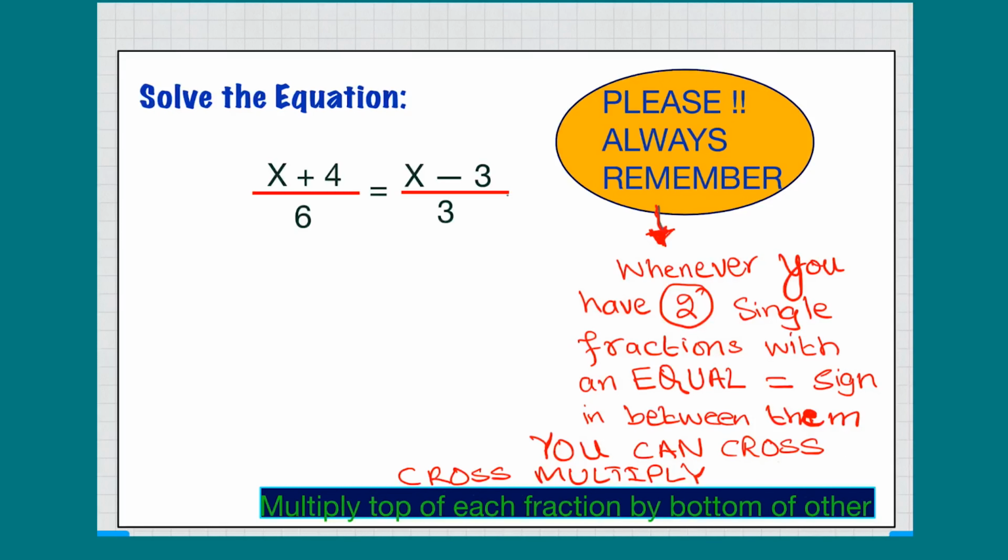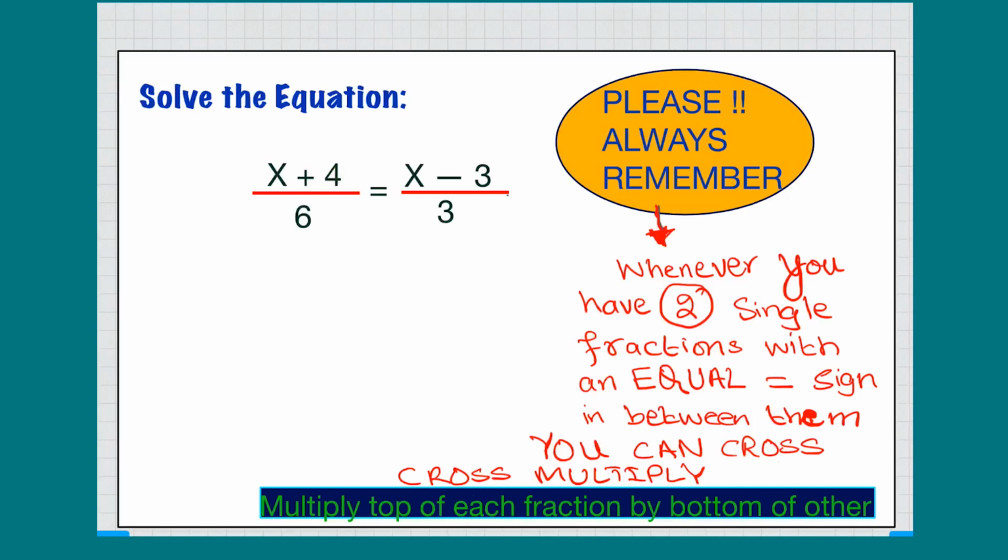Now we got one more different kind of equation to solve. Please always remember, when you have two single fractions, right now I have two single fractions with an equal sign in between them, you can simply cross multiply them, or multiply top of each fraction by the bottom of the other.